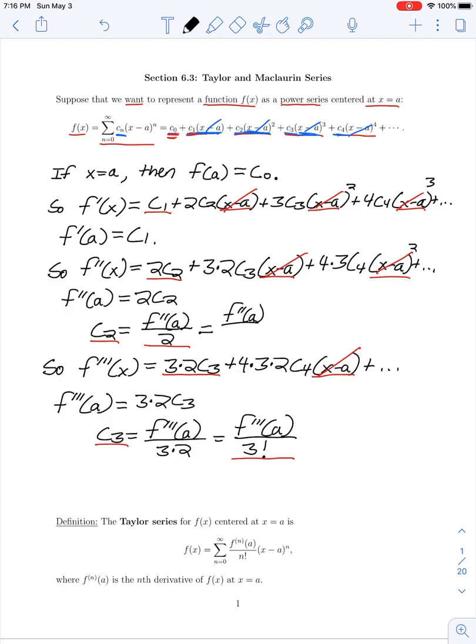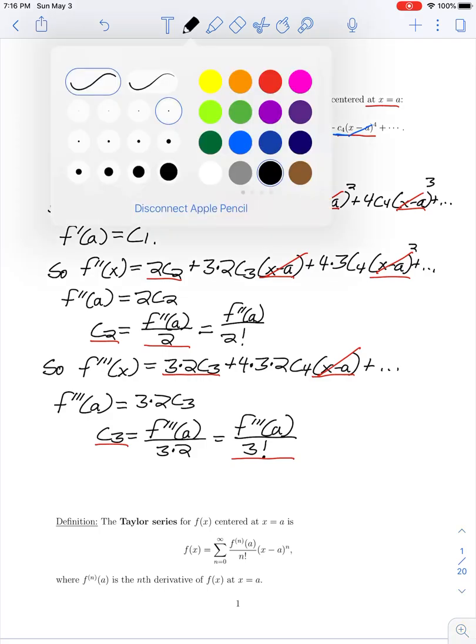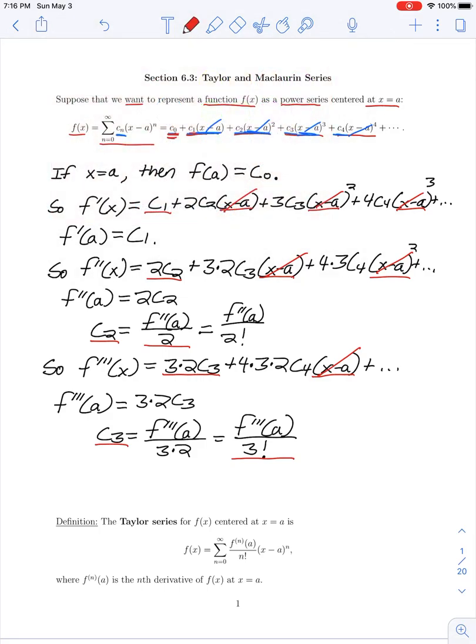So we have f double prime of a over 2 factorial here. For the term before that, we had c1 was equal to f prime of a, which is the same as f prime of a divided by 1 factorial.